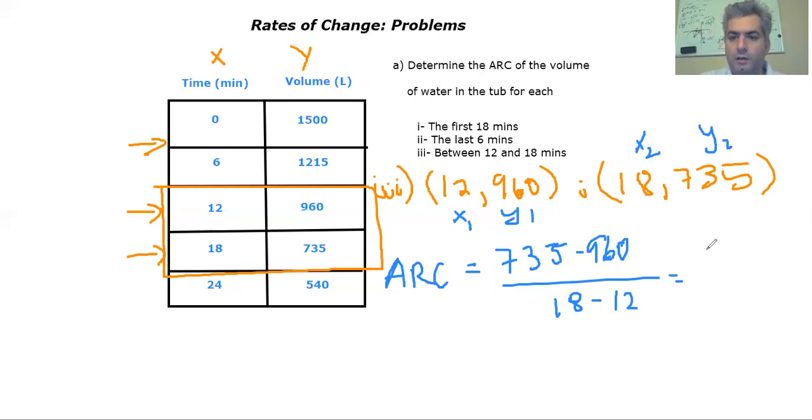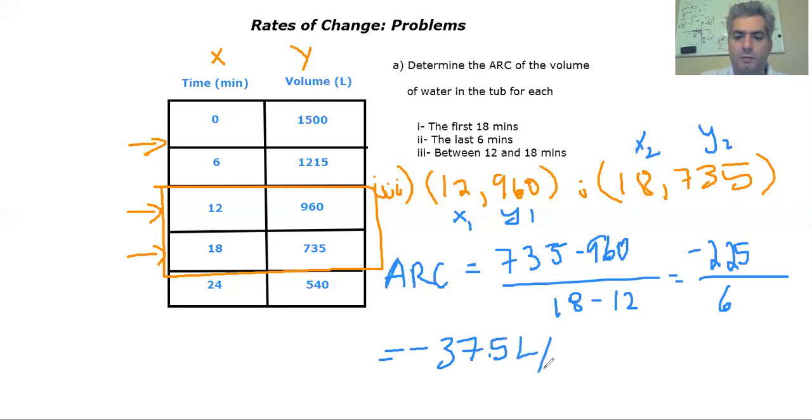Right now it's not clicking. So it's negative 225. So negative 225 divided by 6 is negative 37.5. And same thing, liters per minute.